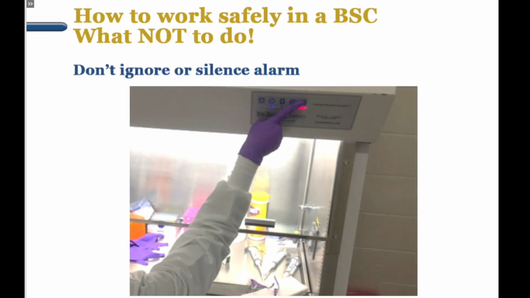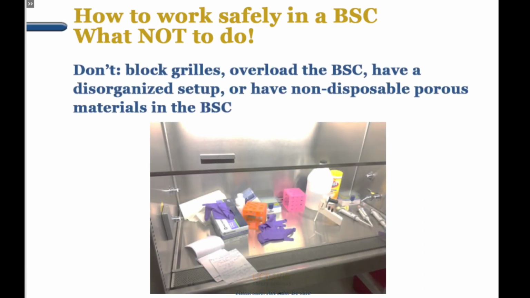There are several things that you should avoid doing while working in the BSC in order to maintain protection of your research materials and of yourself. Do not work with the sash above the appropriate height, often indicated by arrows or an audible alarm. Do not overload the cabinet with unnecessary items, as this can disrupt airflow and make it more likely to cause a spill or cross-contaminate your materials.